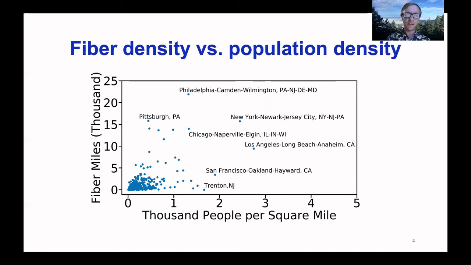It seems like Los Angeles has the highest population density, while Philadelphia has the largest number of fiber miles. And New York is sitting between those two with quite high numbers for the total fiber and also for population density.